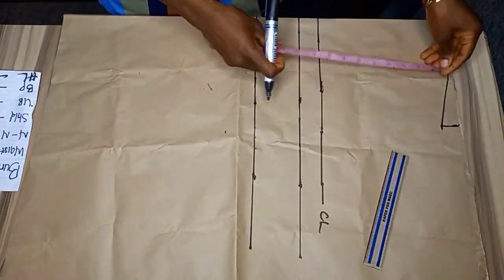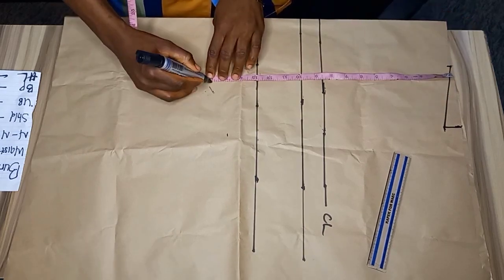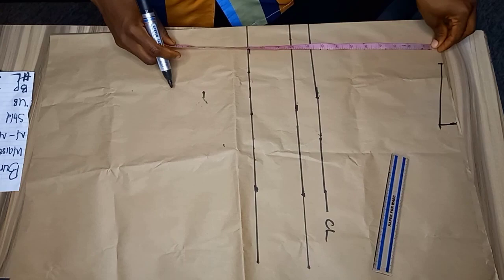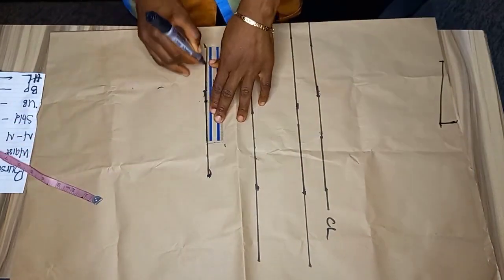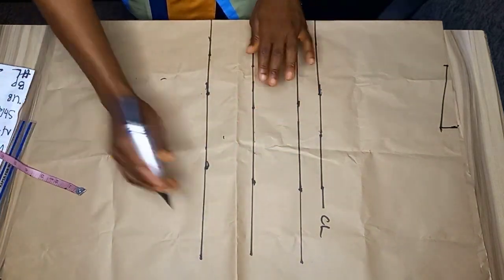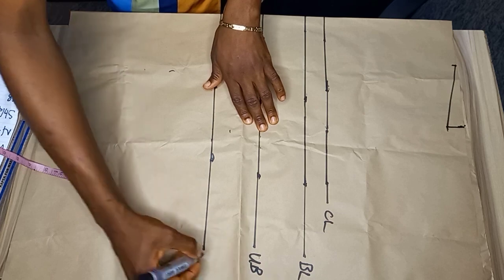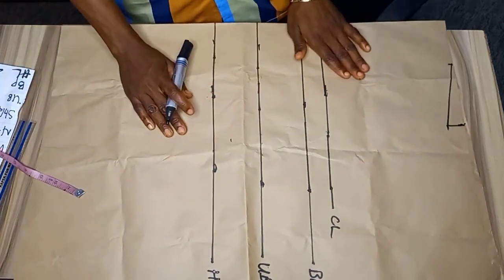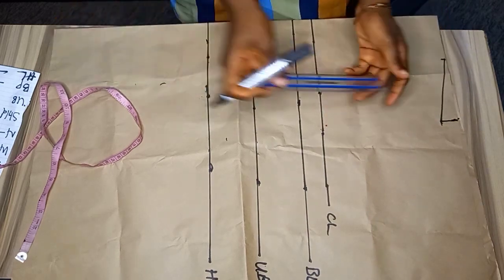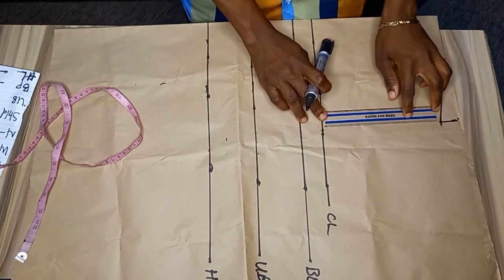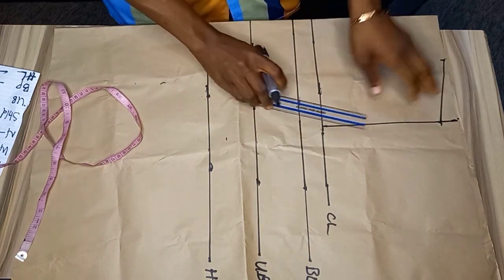And lastly, we're going to get our half length, which is 16. After that, we're just going to name them bust line, under bust, and half length. The next thing we're going to do now is to connect this line down to our chest line.